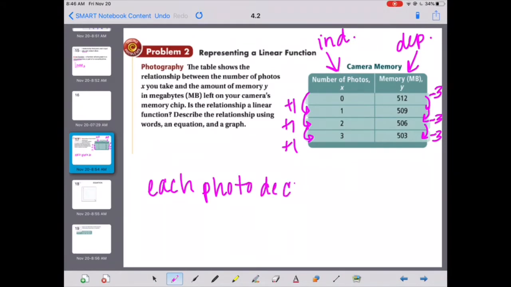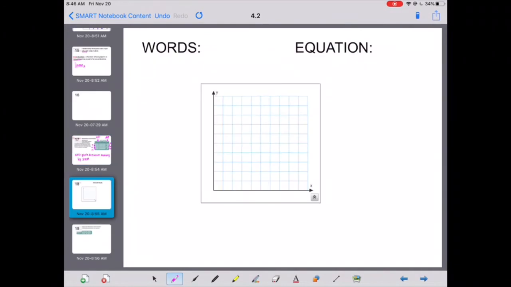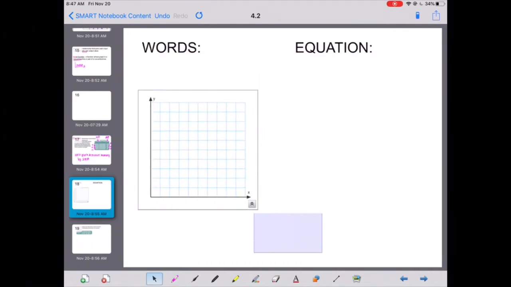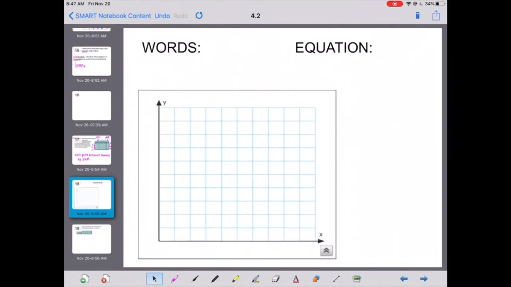Okay, so for words, I'm going to put that each photo decreases my memory by 3 megabytes. Okay, those are your words.